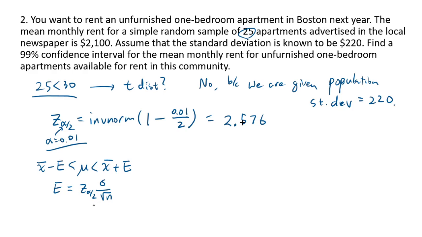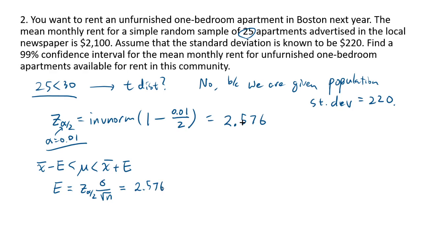Okay, so if we weren't given this 220, and if it was said that our sample had this standard deviation of something, then you will need to change this into Sx, and then change this z alpha over 2 to be t alpha over 2, because our sample size is only 25. Okay. All right.